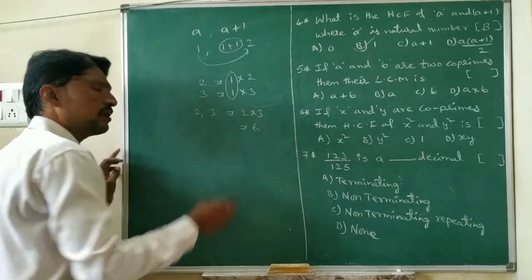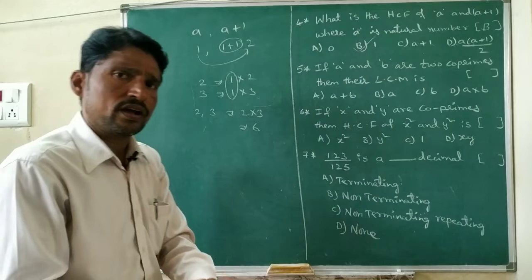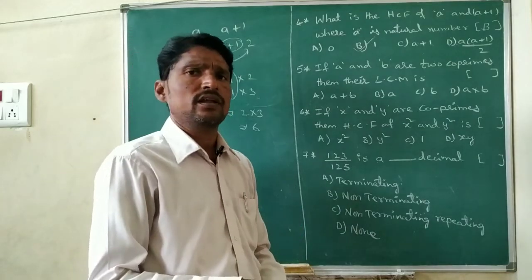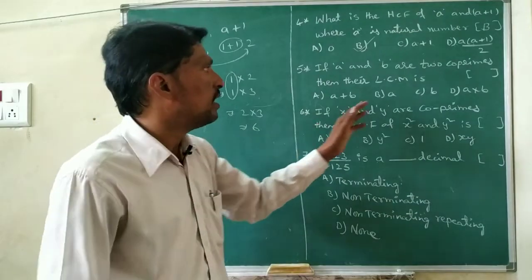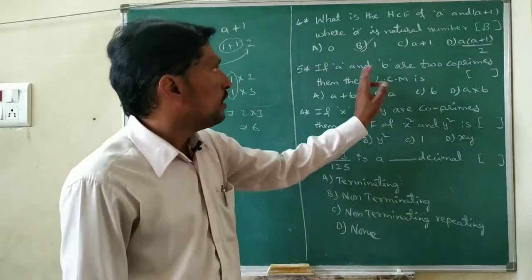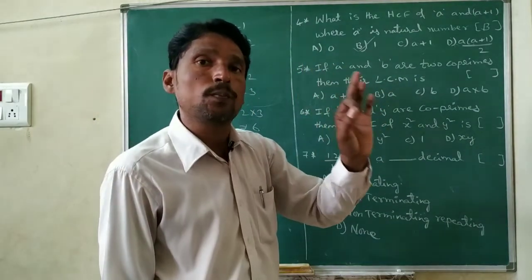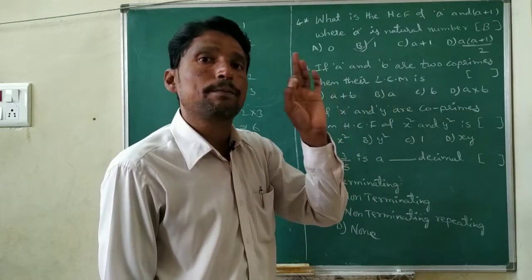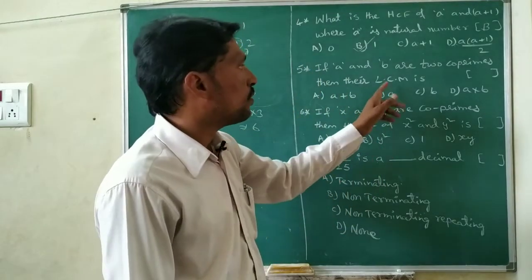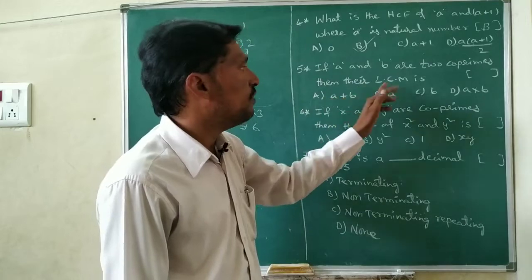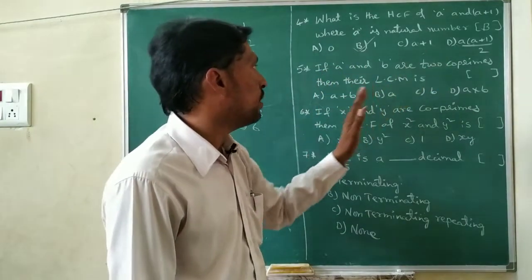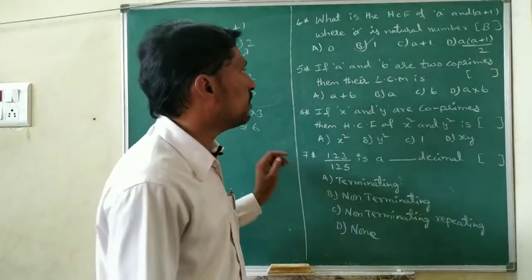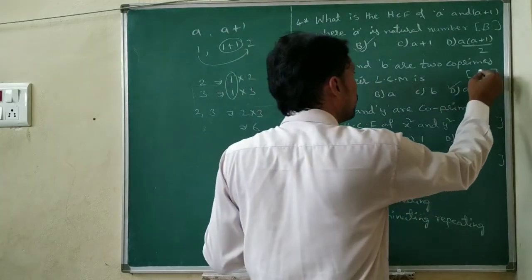They do not have common factors. If we had common factors, we could take those. Since we do not have common factors, the product only is the LCM. For any two co-primes, the LCM is the product. So if A and B are two co-primes, then their LCM is A into B.